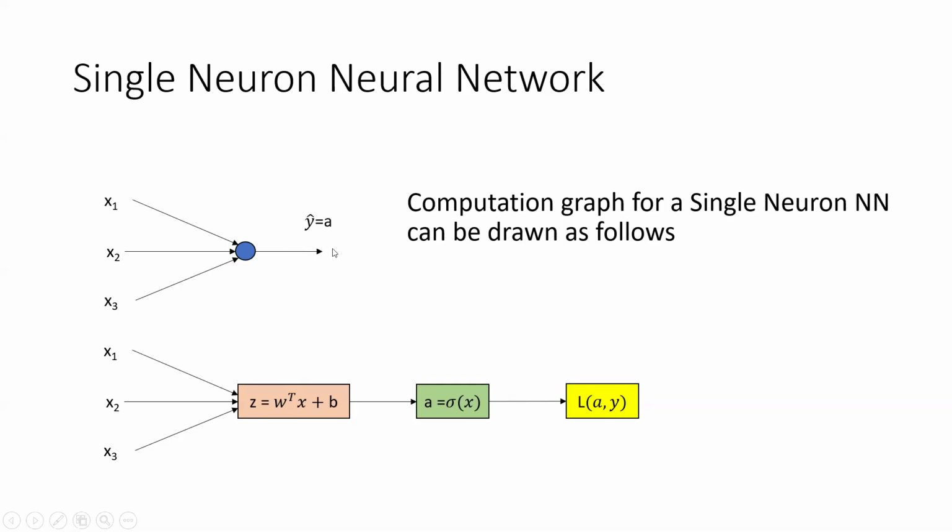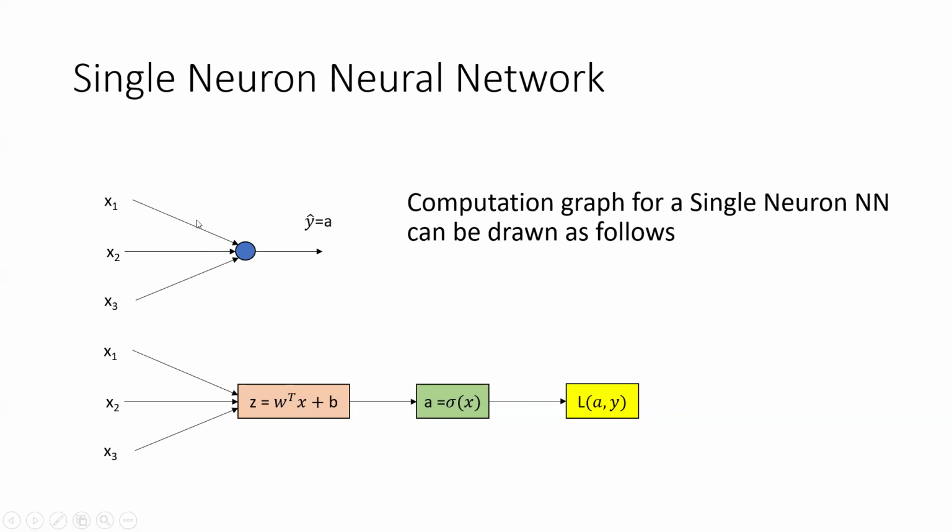If the activation function is a logistic function, we can represent this neuron in a computational graph. Here you can see that the inputs are x1, x2, x3, same as this neuron, and then we take the linear combination of the x values and the weight vector, right? The weight vector means the weights on these inputs.